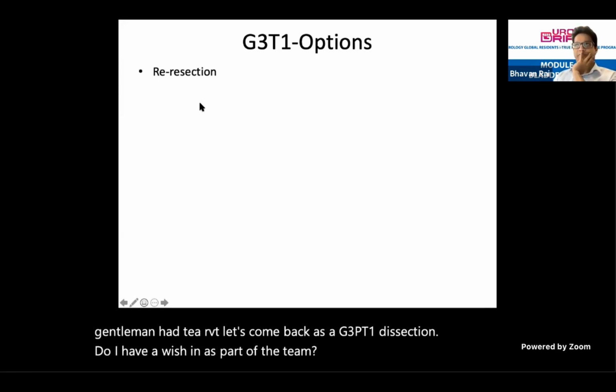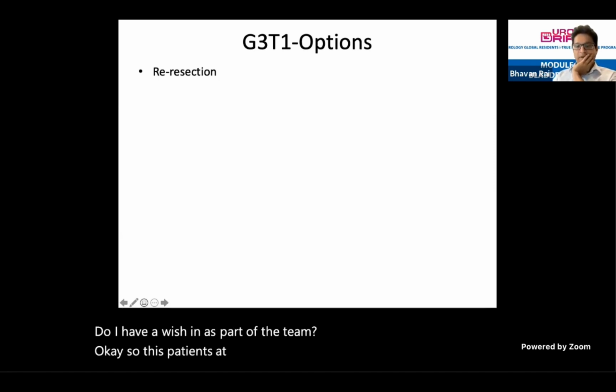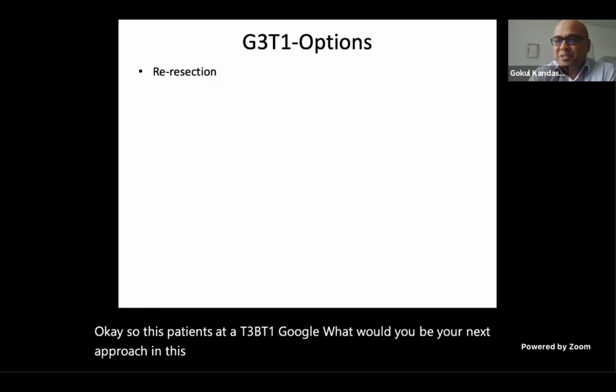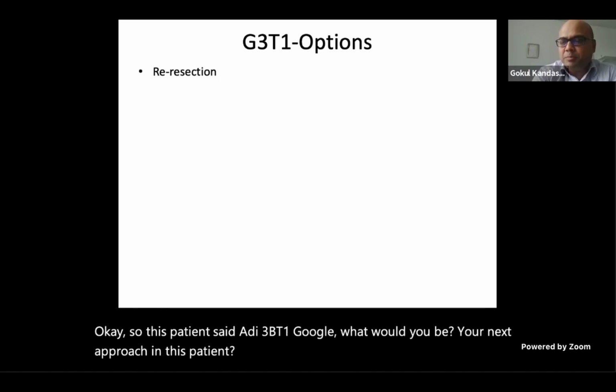Okay, so this patient's had a G3pT1. Gokul, what would be your next approach in this patient? I'm assuming there is muscle in the specimen, knowing that it's been done by Mr. Rai. So there should be a good quality TURBT with muscle in the specimen.